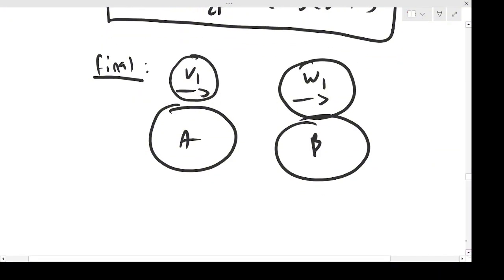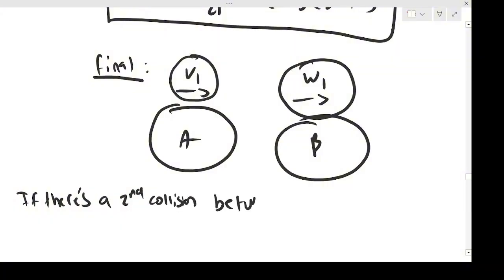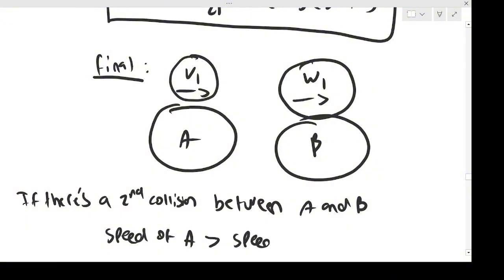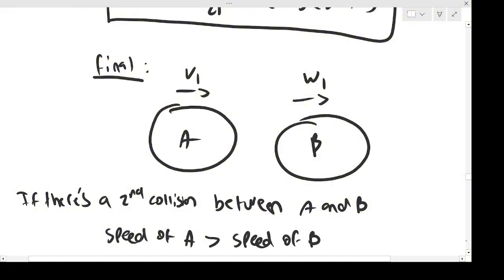So that means if there's a second collision between A and B, the speed of A has to be bigger than the speed of B. Because then A will catch up to B and then hit it.